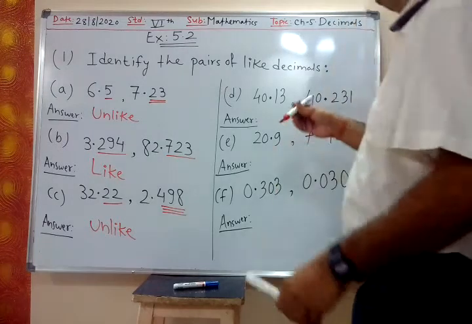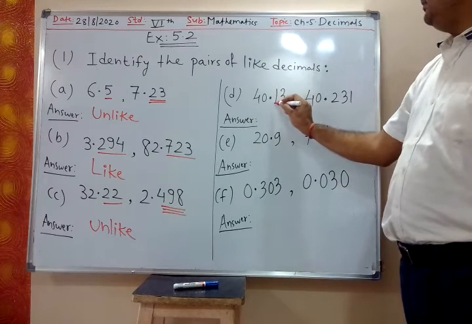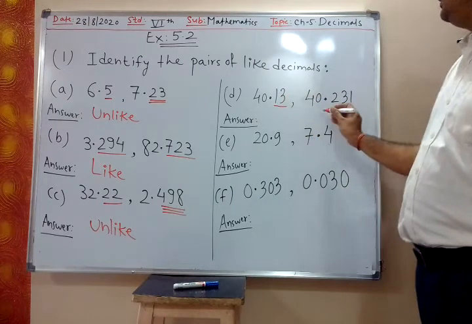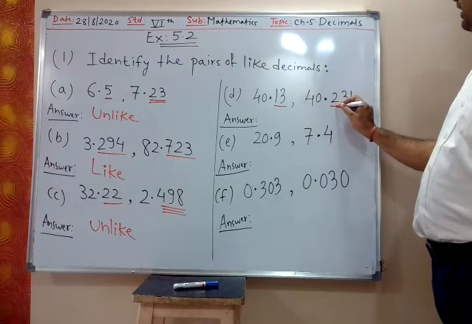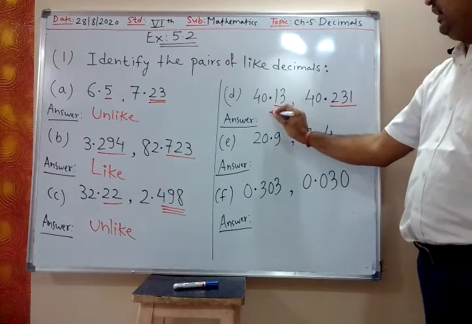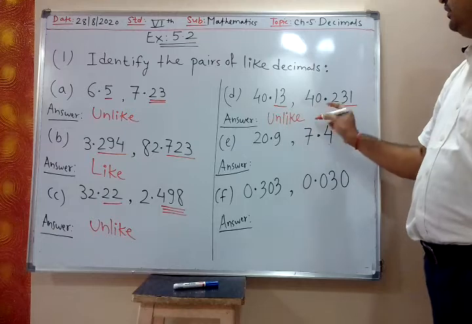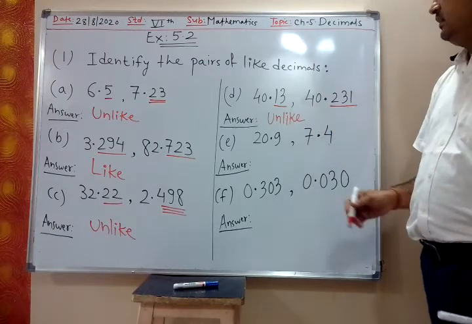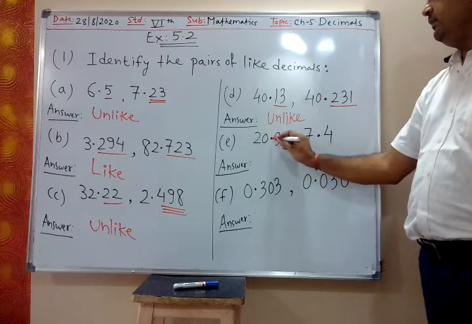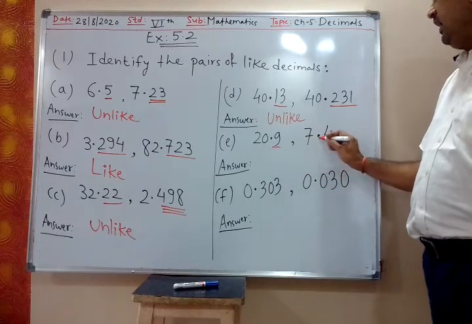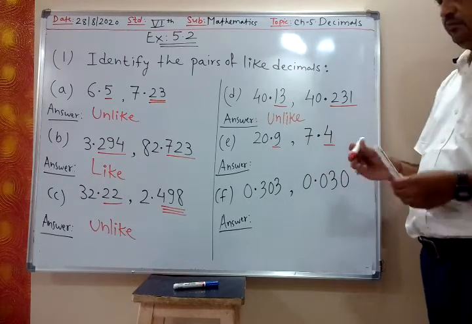40.13. After decimal, there are two digits. After decimal, there are three digits. So they are unlike. After point, there is one digit, and after point, there is one digit.